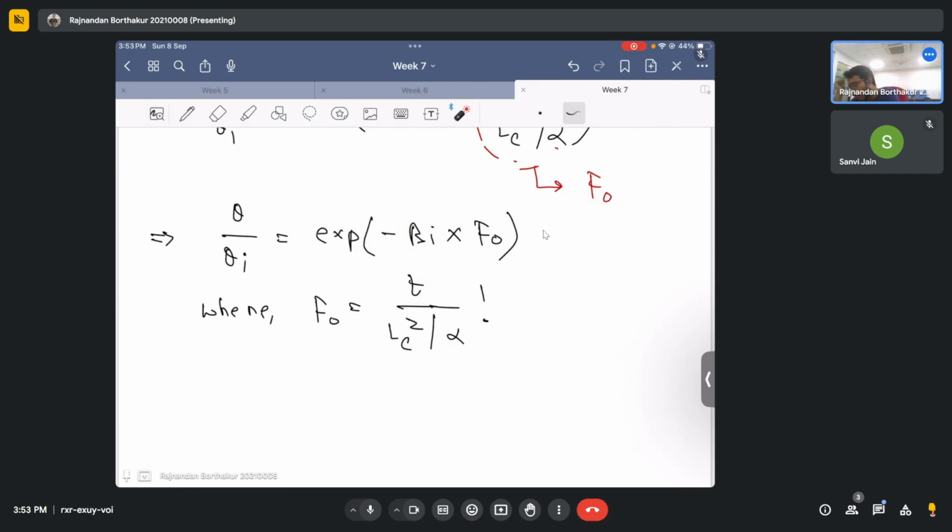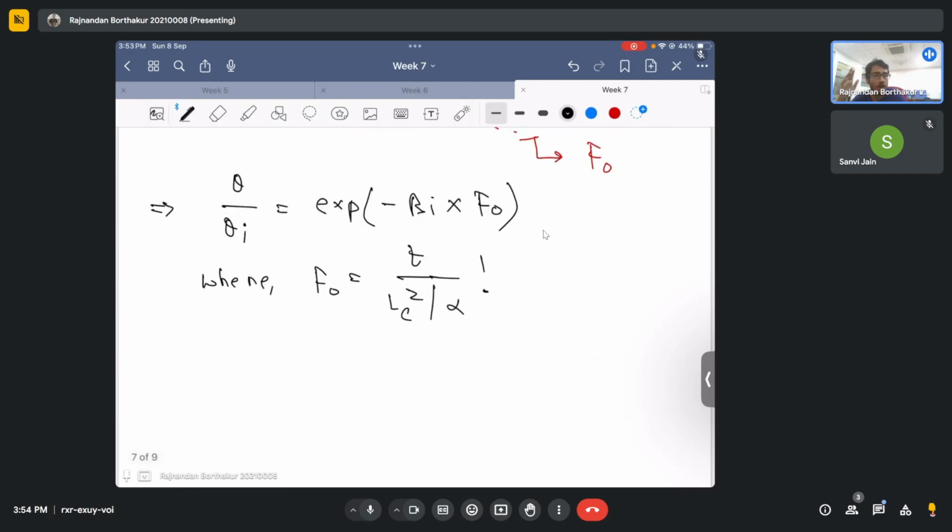But the importance of the Fourier number is that it speaks about a ratio of two time scales. We have one time scale t, which is the inherent time scale. And we have one more time scale, Lc squared by alpha, which is known as the diffusion time scale.